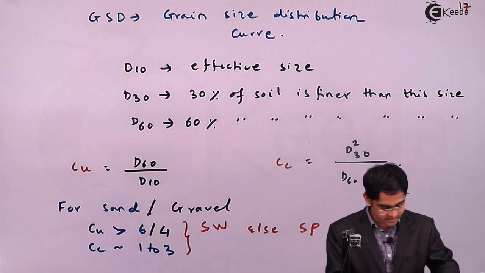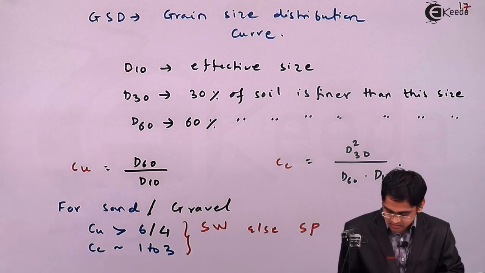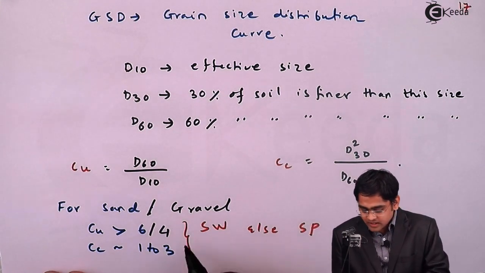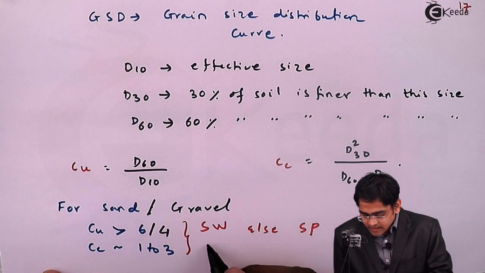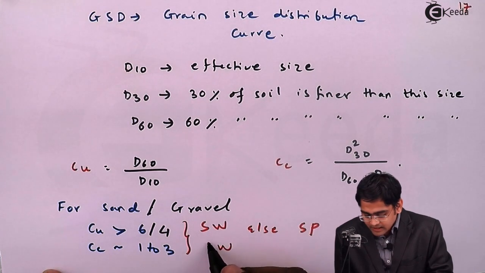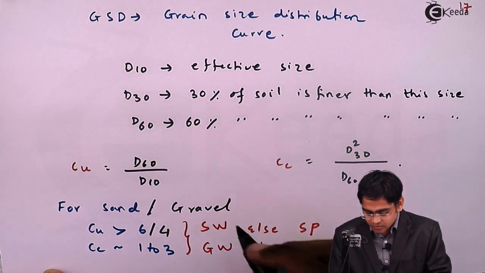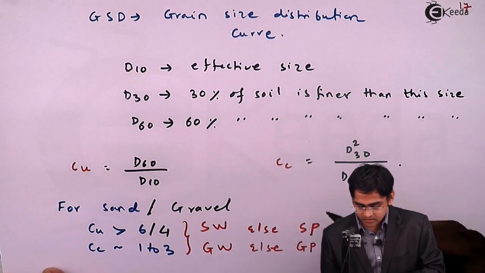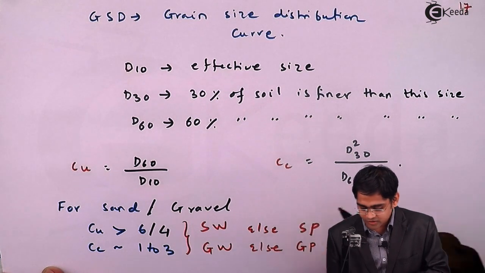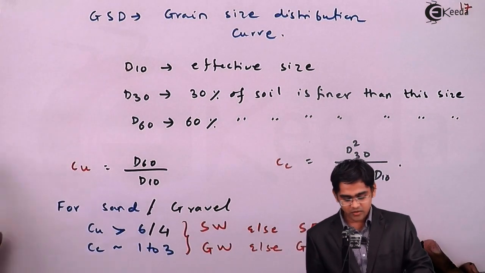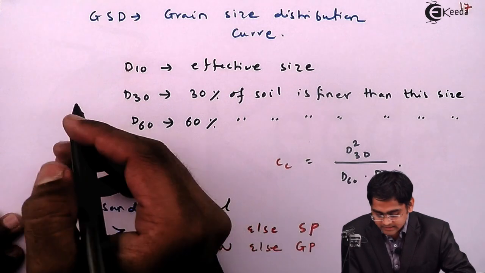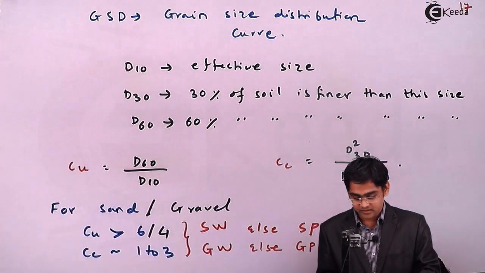If all these conditions are satisfied, then we call it well graded gravel, else we call it poorly graded gravel. This grain size distribution is based on the assumption that you have got less than 5% of the finer fraction, remember.